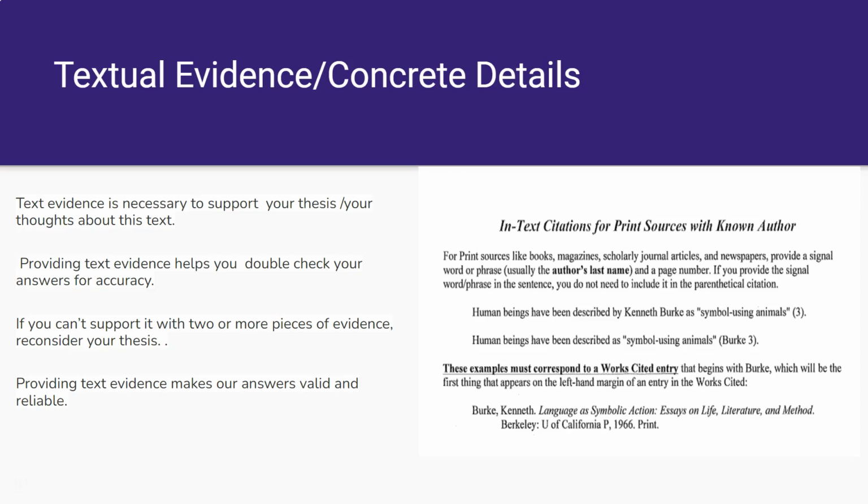Providing textual evidence will help you to go back and make sure that your thoughts are accurate, or valid, or logical. If you cannot support your thesis with 2 or more pieces of evidence, you need to reconsider your thesis. You may need to rework it. You may need to go back in and try to look at it from a different angle, maybe reword it.